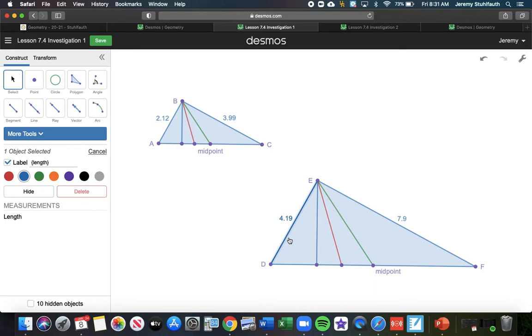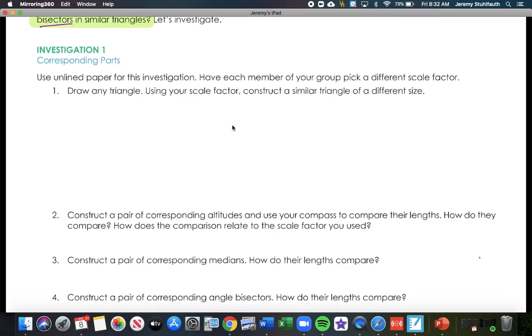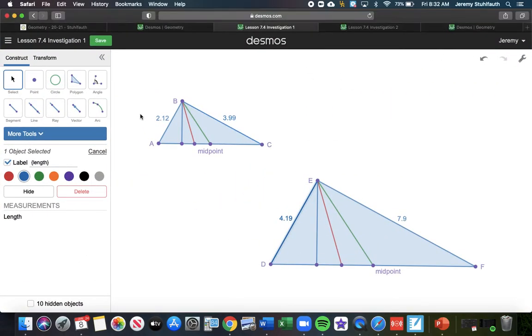And what we see is that the relationship between AB and DE is equal to 0.5. It's not exact, I'm rounding, but Desmos makes it tricky to get precise numbers because of rounding. So AB and DE has a 0.5 scale factor.